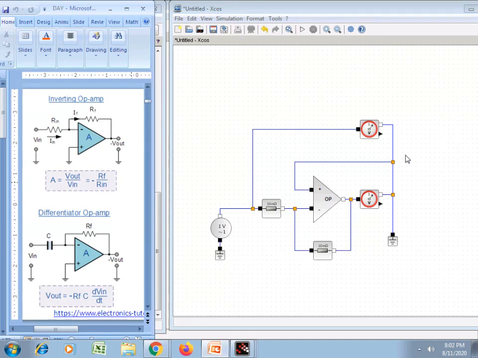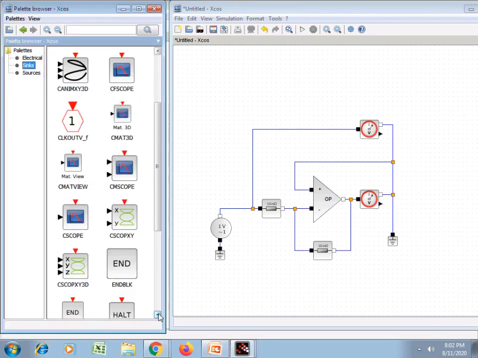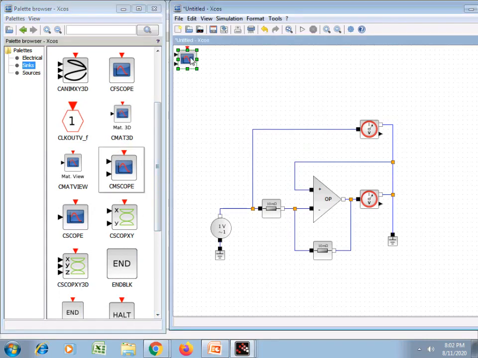These sensors will sense the voltages but can't show the numerical values as a usual voltmeter does. So I need a scope to see these voltages on the graphic window. So therefore I am using this CSCOPE, which has two inputs, so that we can use it to see both the input and output voltage waveforms.